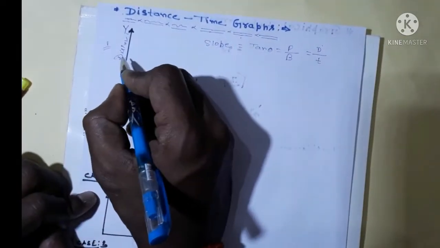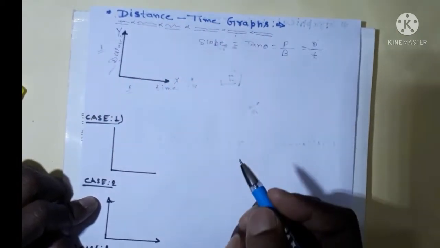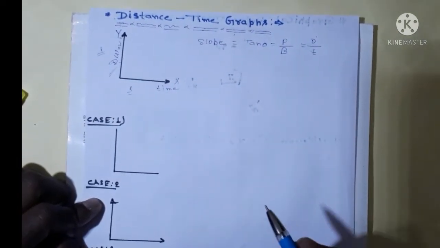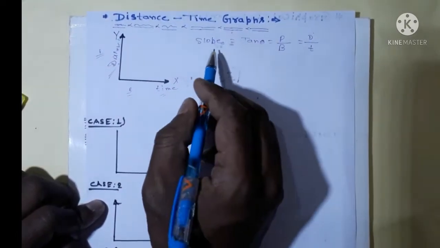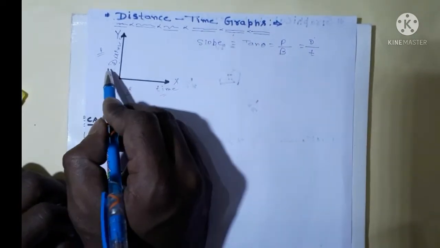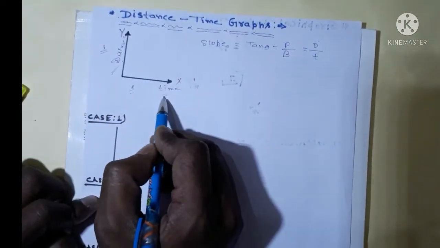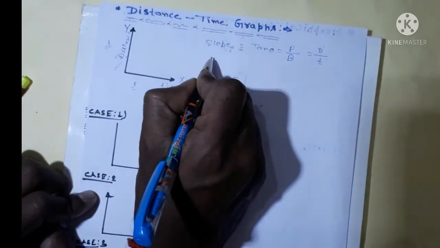Here I am taking displacement. Suppose this is displacement and this is our time. So slope can be given as velocity. If we take distance and time, then my slope, distance by time, is known as speed.